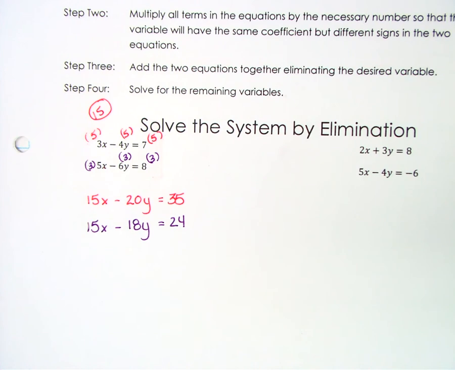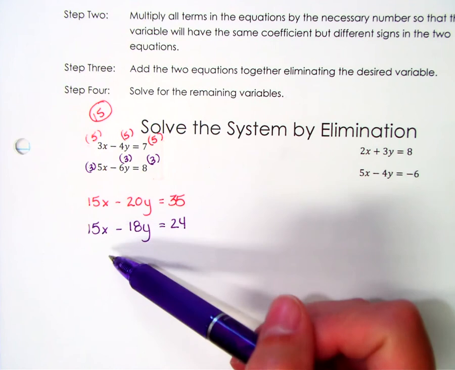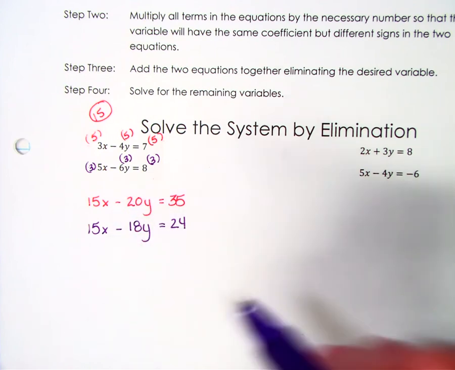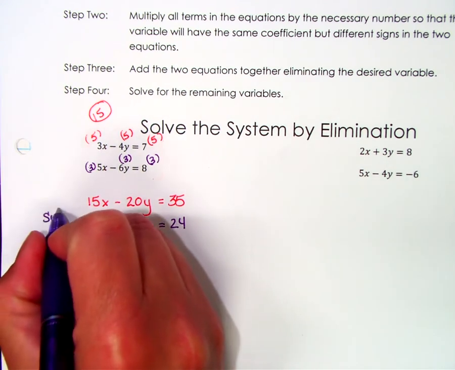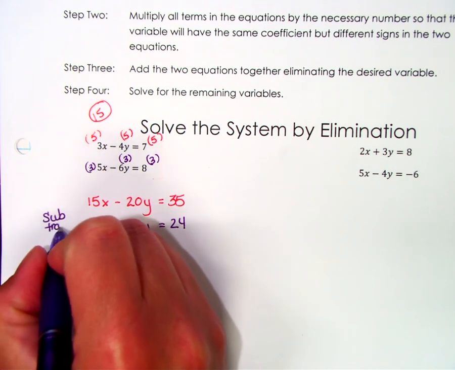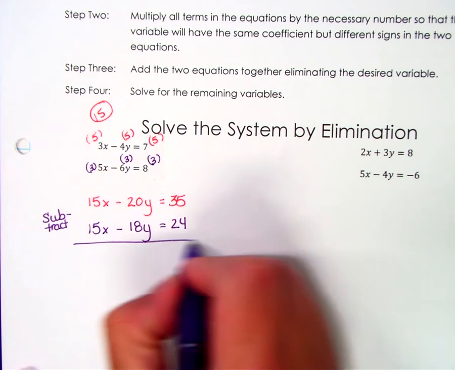So my whole goal for this, you guys decided that you were getting rid of the x. You said that we wanted to get rid of the x. So my whole goal was to get the x coefficients to be the exact same thing. Got it? That's why I multiplied the first one by 5 and the second one by 3. But you have to do it to every term. So now that these are the same, we're going to subtract these two equations.